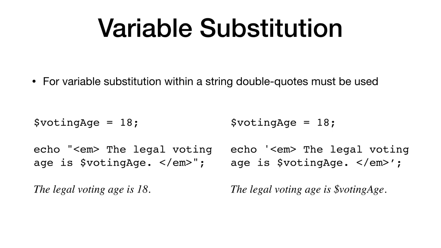And that works there because we have put the string in double quotes. On the right we have the same string, but this time it's in single quotes. And if you do that with single quotes, basically it doesn't work, and the variable name will just get displayed. The variable substitution won't happen. So variable substitution only happens with double quotes.